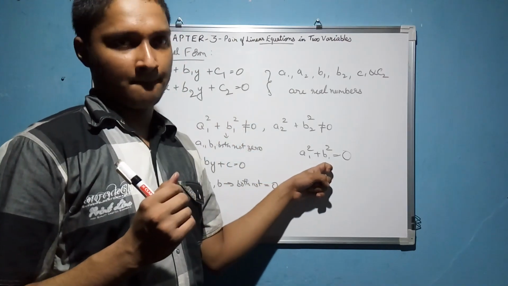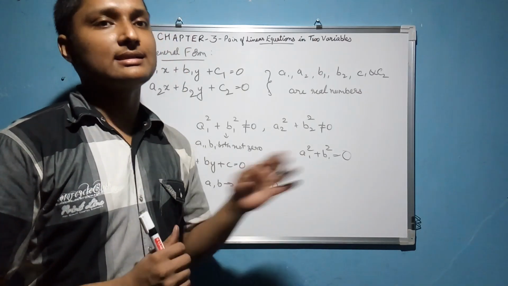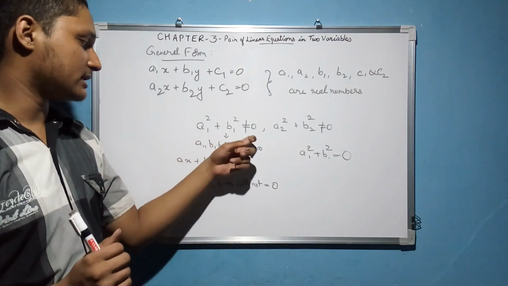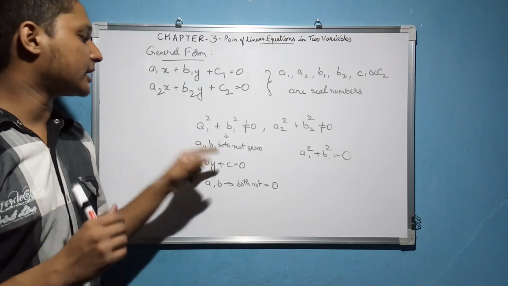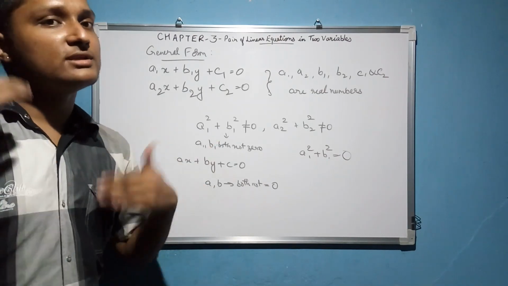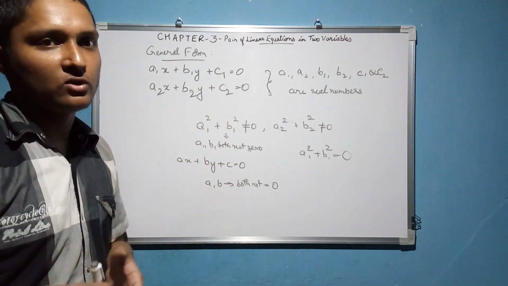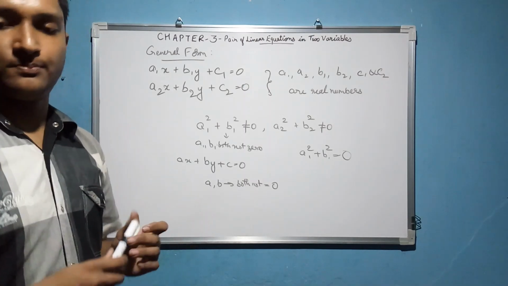Since it is a sum of squares, both of them need to be 0 to satisfy this equation. That is what it shows here: a1 square plus b1 square together cannot be equal to 0. They can be separately 0, maybe a1 is 1 and b1 is 0, that's okay. But both of them together cannot be equal to 0.